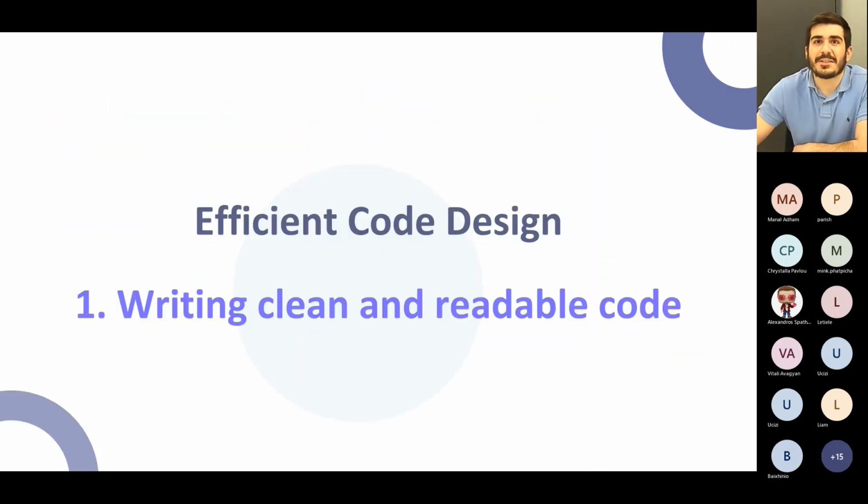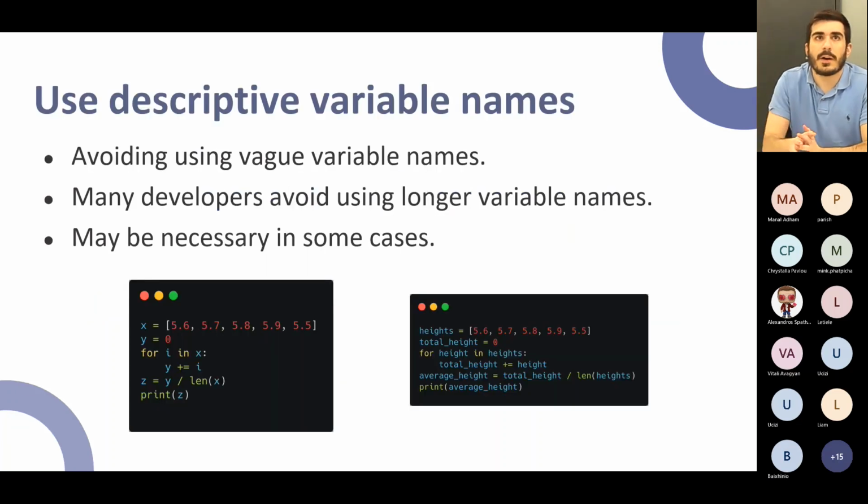So the first part of this lab will focus on efficient code design, so how to structure code in such a manner that it will allow you to cooperate with other people and have a clean base as, let's say, your initial point. The first way that can happen is by using descriptive variable names.